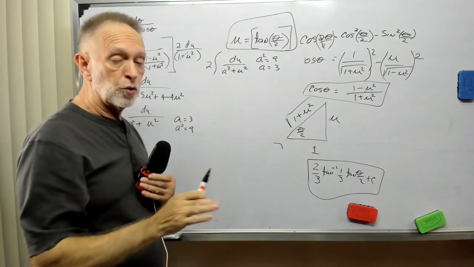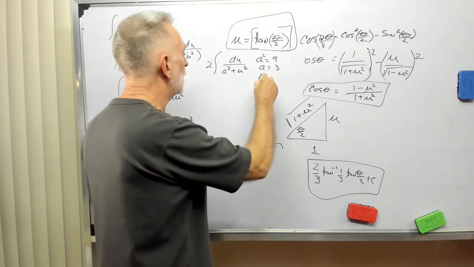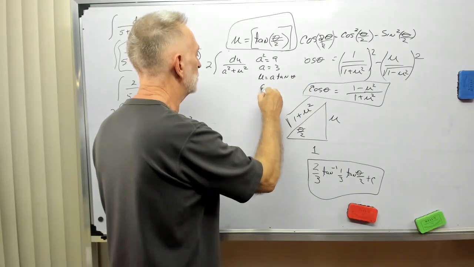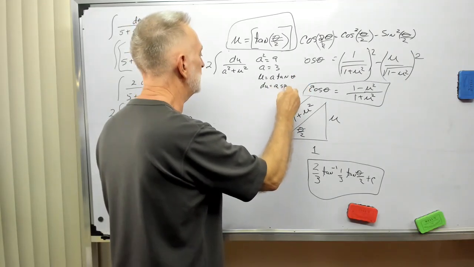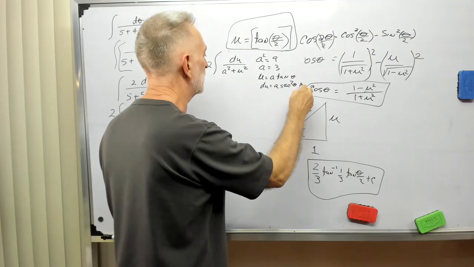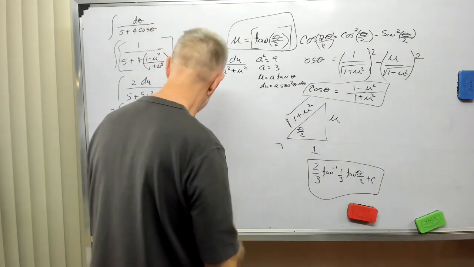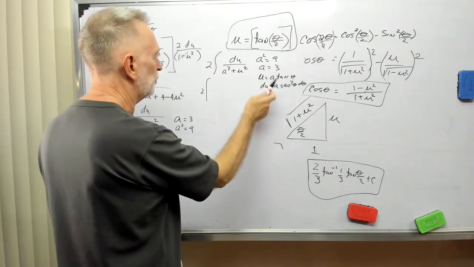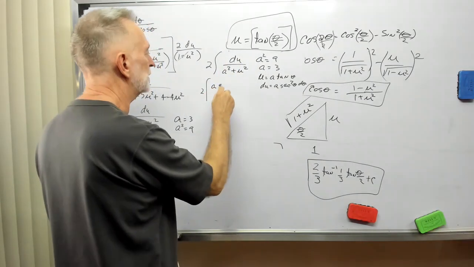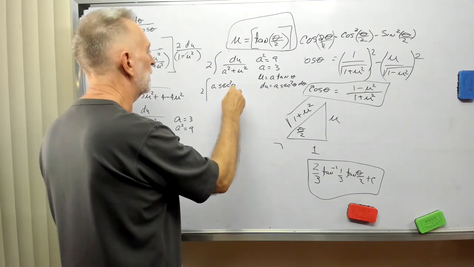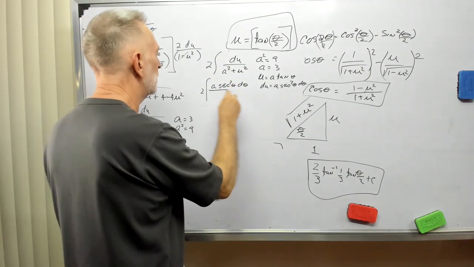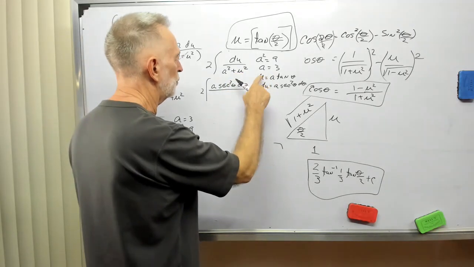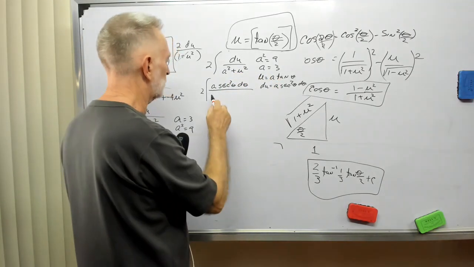I'm going to let u equal a tangent theta. So du equals a secant squared theta d theta. Now, I have 2 times du, which is a secant squared theta d theta, divided by a squared plus u squared. Well, if I square u, I get a squared tangent squared, right?